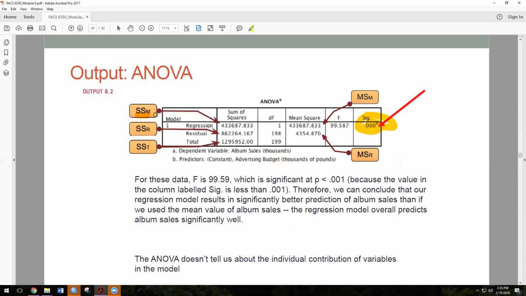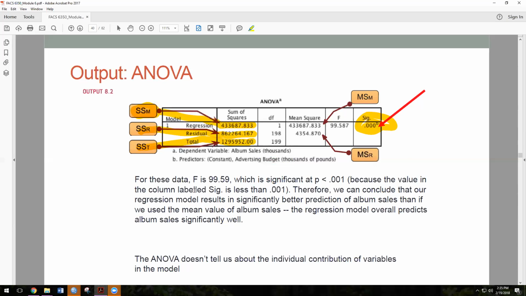So I know that the sum of squares for my model is going to be this huge number, and my sum of squares for my residuals is 862,264, and then my sum of squares total is even bigger. So my mean squares and my mean squares residuals are what can be calculated from the sums.